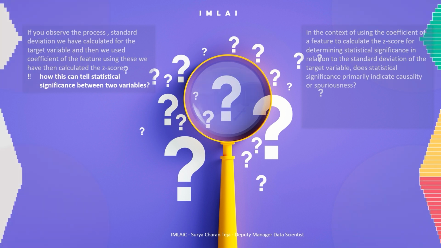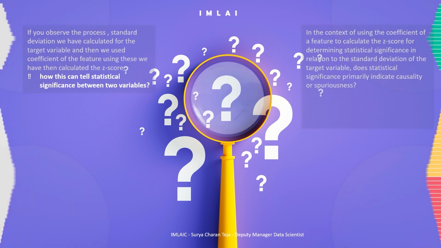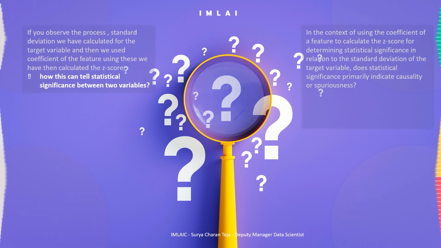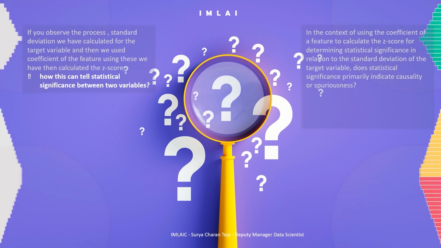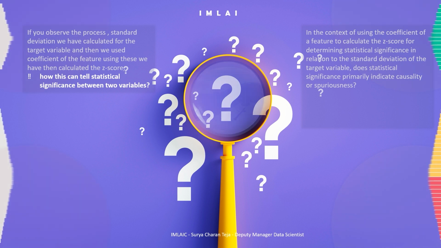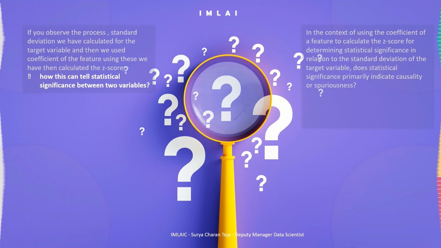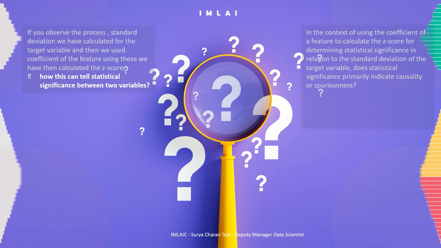That's the primary question. When you get a certain amount of statistical significance, does it primarily indicate causality or spuriousness? What does it indicate?